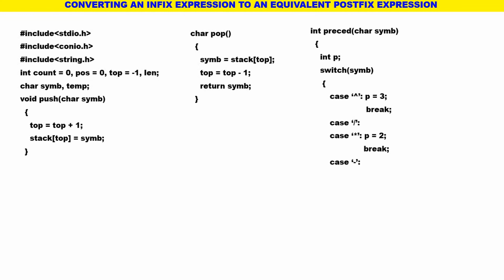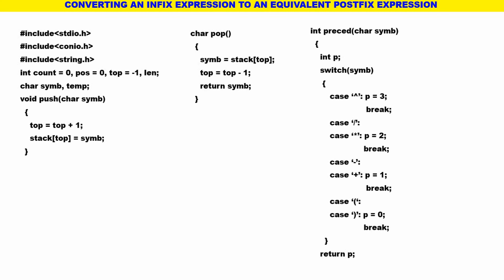If it is minus or plus, p is equal to 1, the next precedence. If it is left parenthesis or right parenthesis, p is equal to 0. They are not operators, but we give that so that the algorithm does not confusingly pop a left parenthesis as an operator. Now return the value of p.